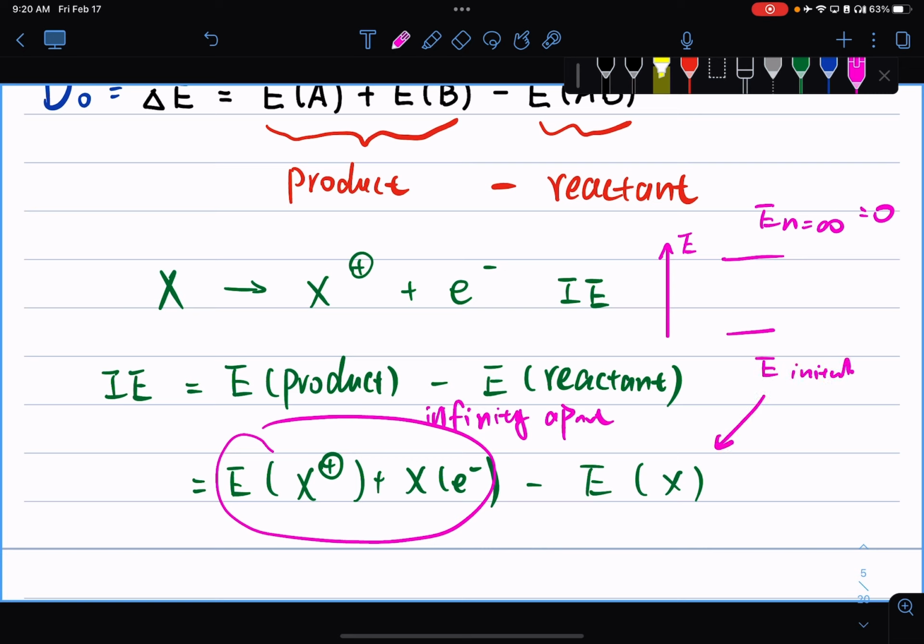You can calculate it by doing the difference here. So it's not fancy. There's nothing fancy here. We're just talking about a reaction from reactant to product. What you should be doing is thinking about what is happening here, and how can I use the mathematical expressions we learned to represent my initial state and my final state?